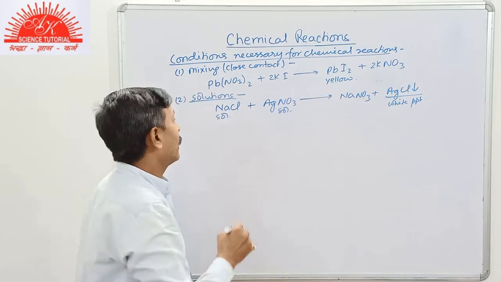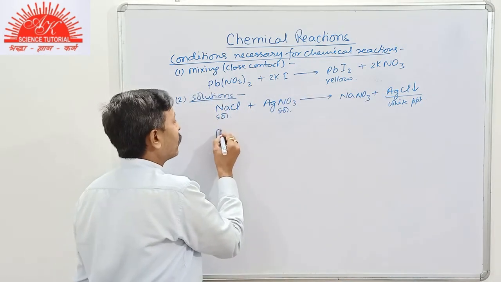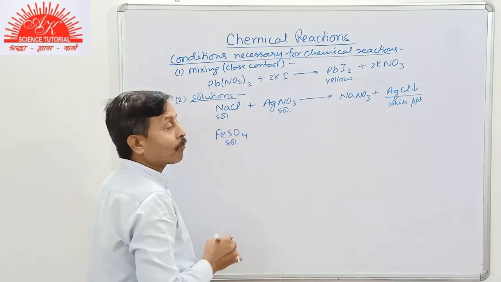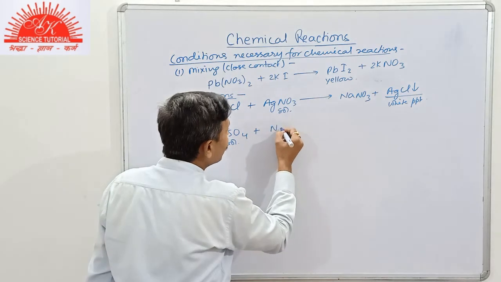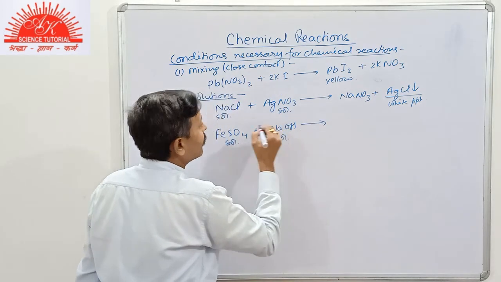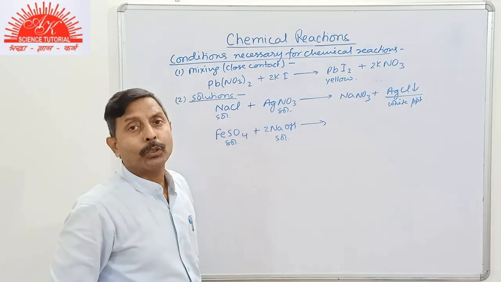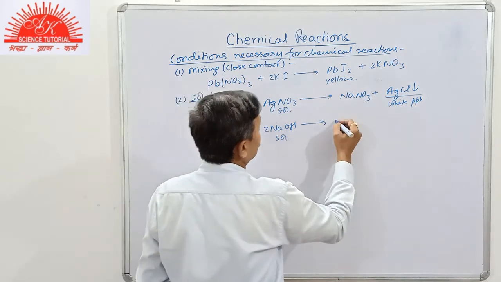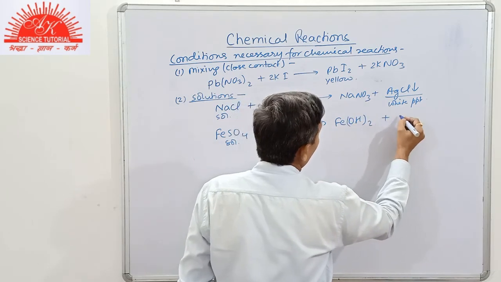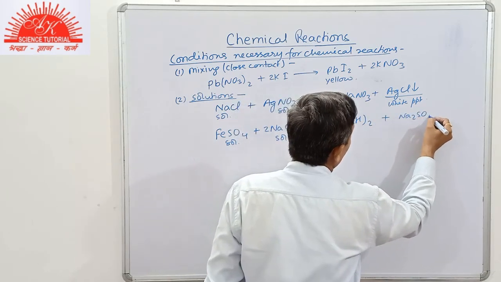Now similarly, student, we see another example in solution state. When ferrous sulfate solution is added to NaOH solution, then again a double decomposition or precipitation reaction takes place. As a result, it forms Fe(OH)2 plus Na2SO4.